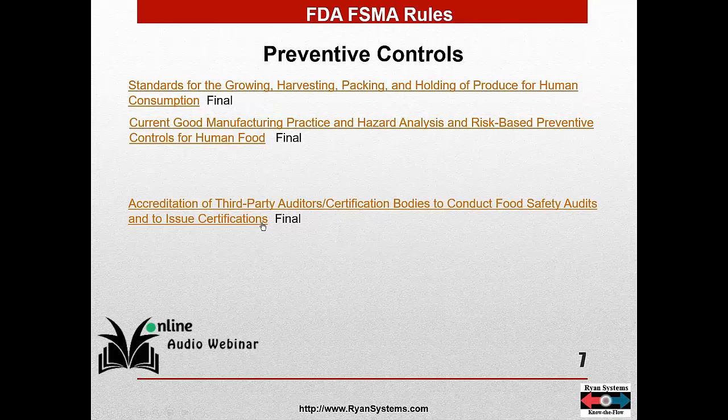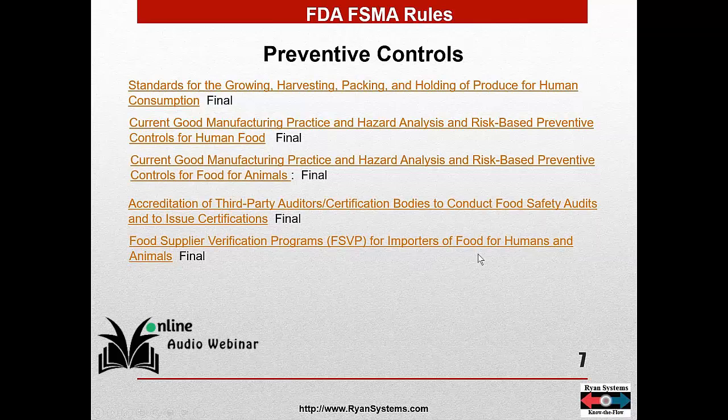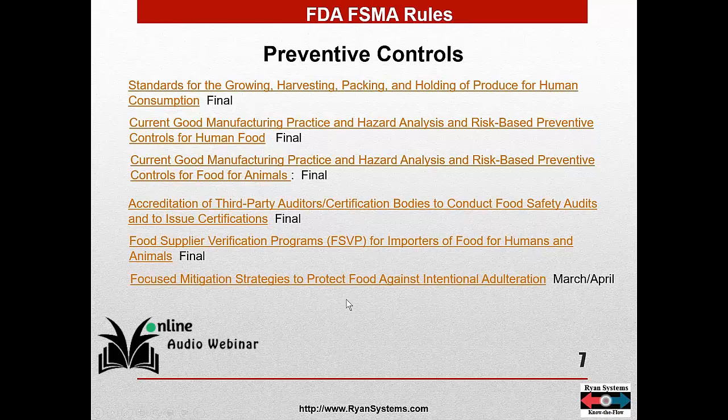We do accreditation of these third-party certification and audit bodies to conduct audits, or maybe you do it internally. And we set up, for foreign suppliers, FSVP for importers, that's your company, of these foods. We set up GMP and hazard analysis, and try to focus on mitigation strategies to protect food against intentional adulteration.